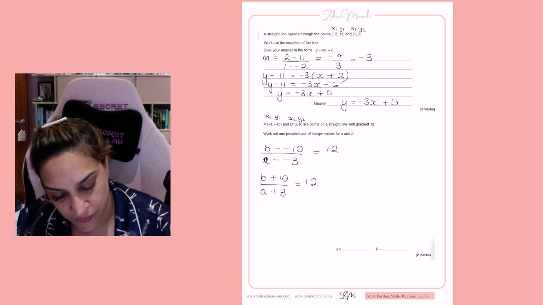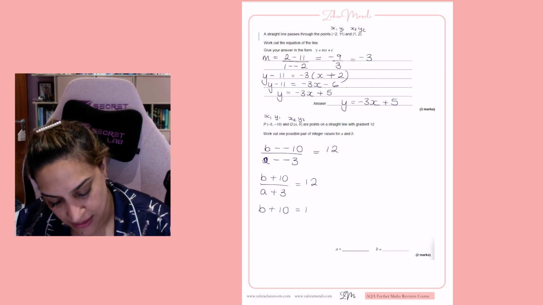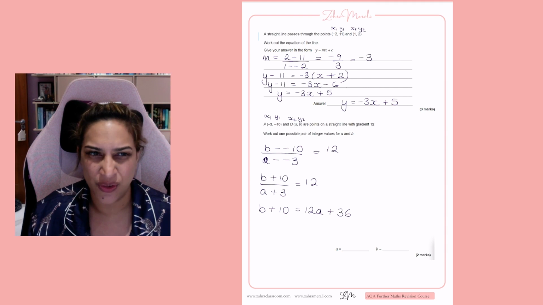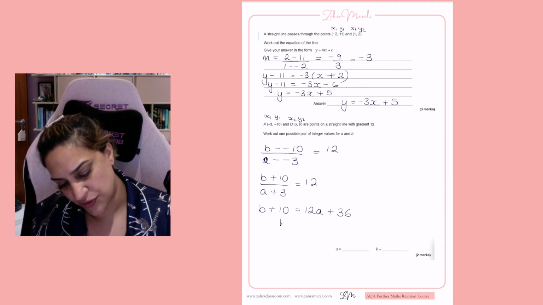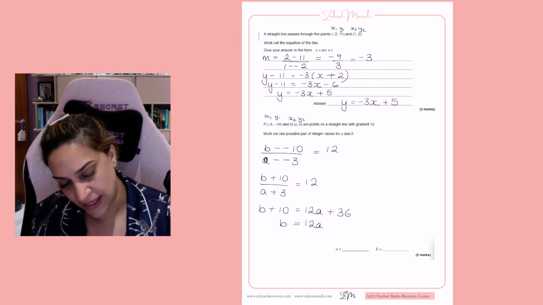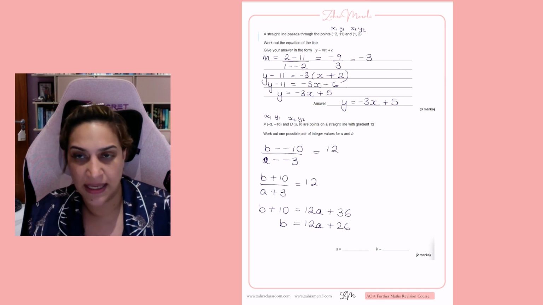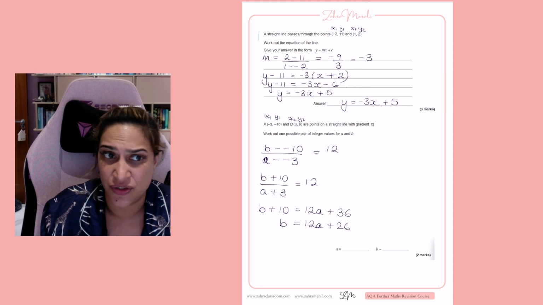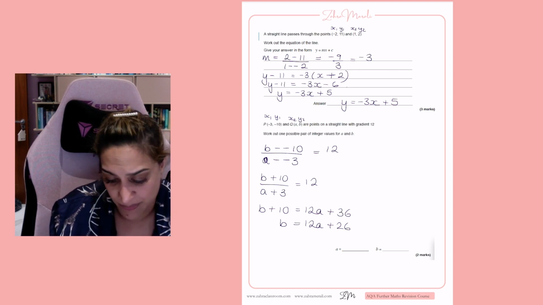Okay, let's multiply this bit underneath up here. So we're going to get 12 times a to give us 12a, 12 times 3 to give us 36. And what we want to do is, I think it's quite easy to find an expression for b here. So we'll get 12a plus 26, and then we can just substitute values in. It says integer values, so we want whole numbers. So pick a number.